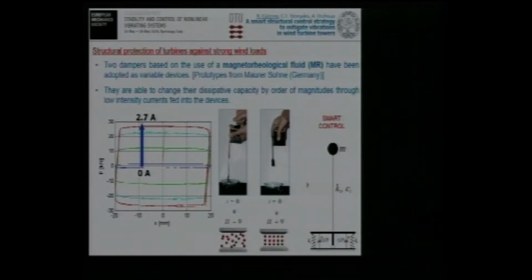In this case, these are experimental tests of the dampers that we use for the wind turbine, from 2 or 3 kilonewtons up to about 30 kilonewtons of response force.